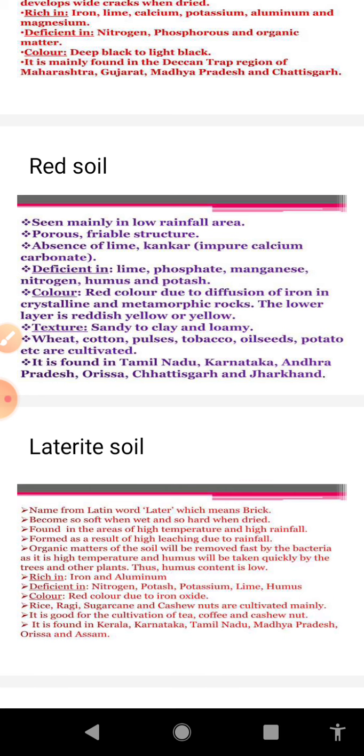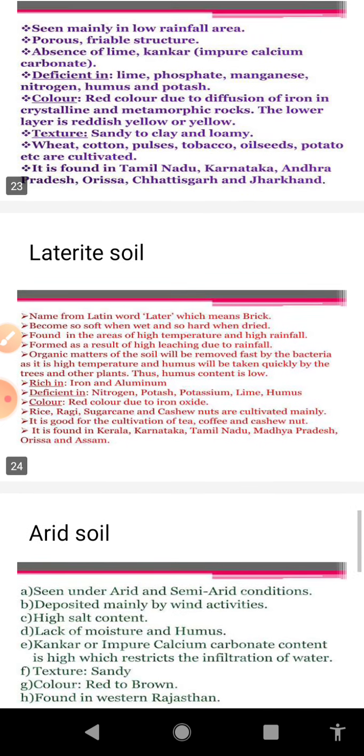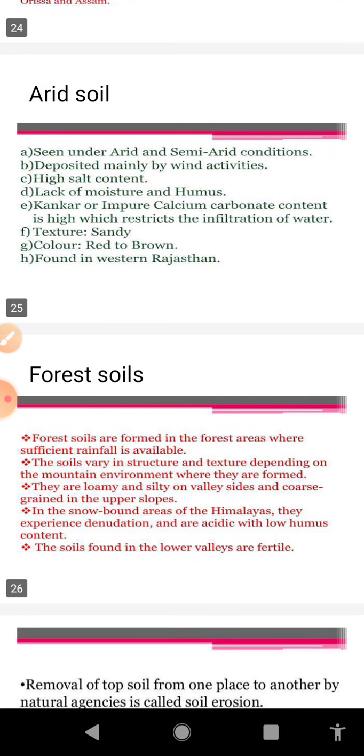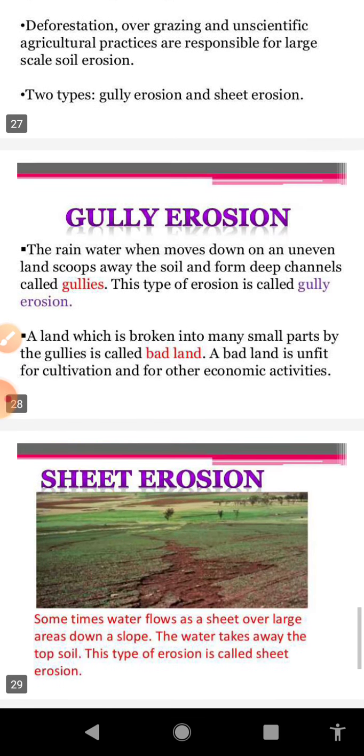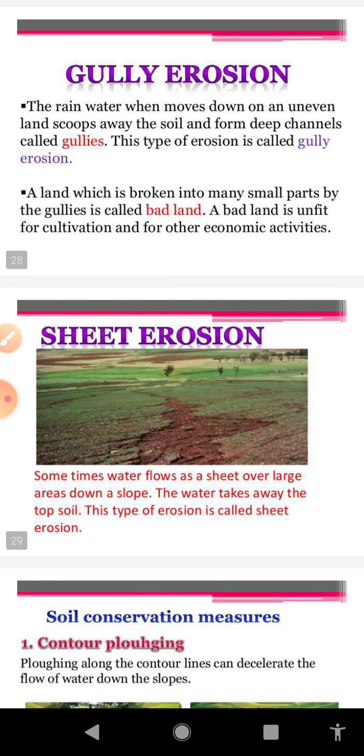After that, we will discuss another important question that you will be getting in the exam, that is about the conservation of soil. This question is very important.